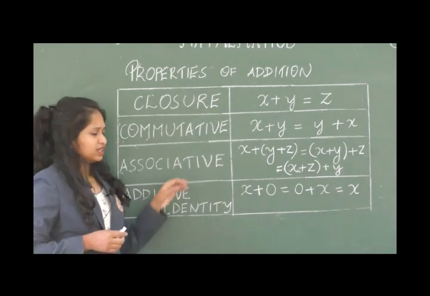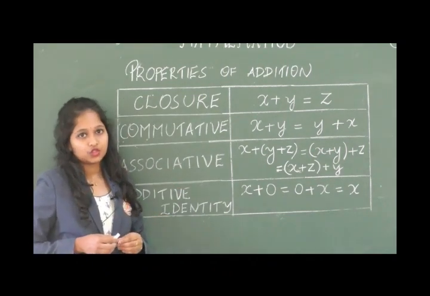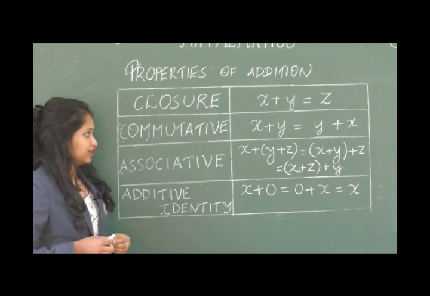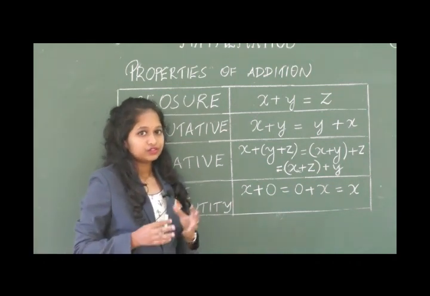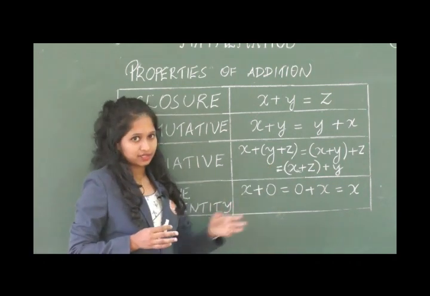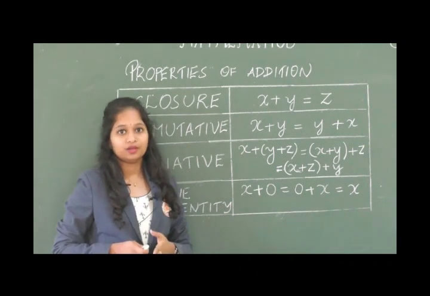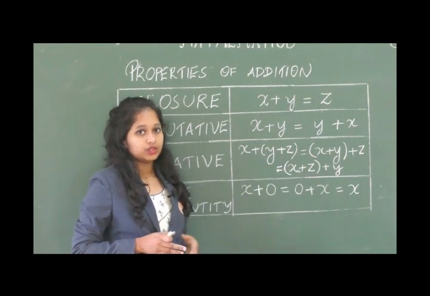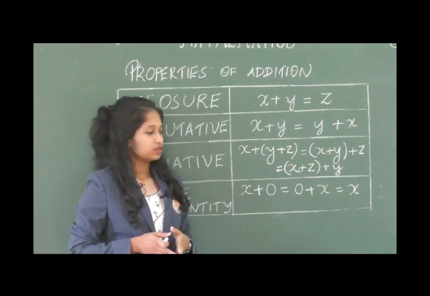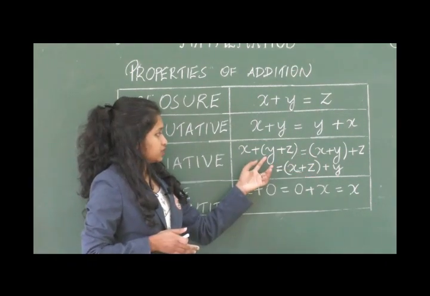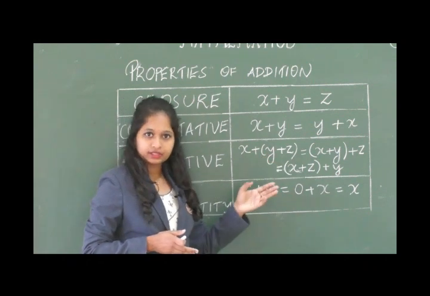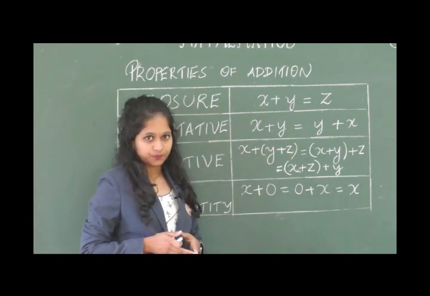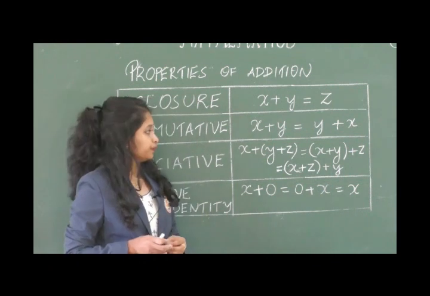Now, next is associative property. That is, take 3 numbers x, y, z. These must be whole numbers, okay? 3 numbers, if you add with different orders, that is, first you add y plus z and add x to it, you will get an answer.